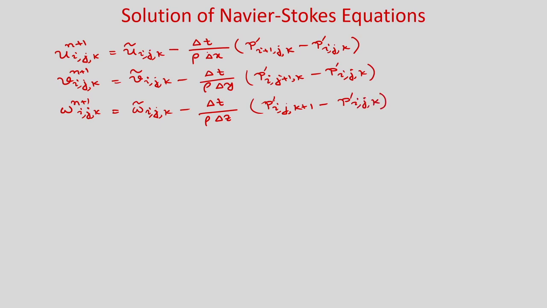So, once you know the pressure correction values, and from the known provisional velocities, you will be able to calculate the velocities at n plus 1 level.